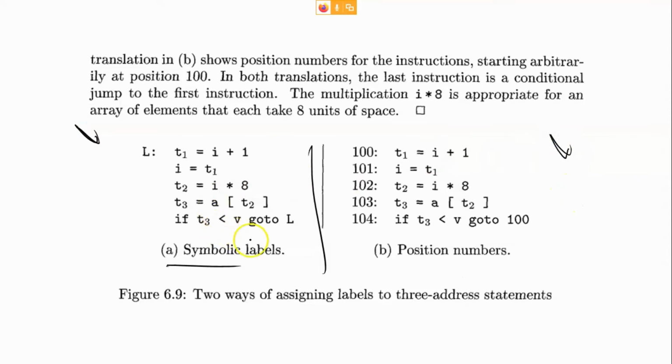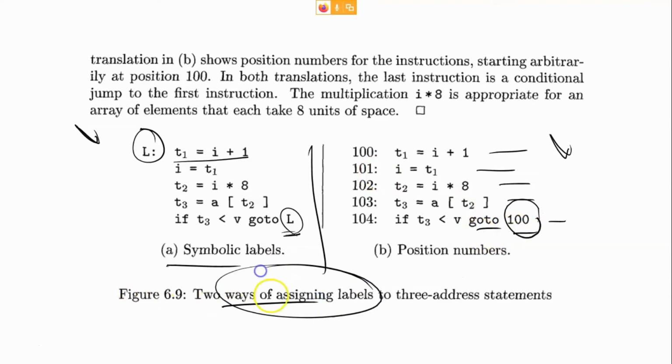In this three address code, you have given a label to the instruction. So this instruction has been given this label. Here, we are using labeling. Here, we are giving addresses, like this instruction has address 100 and this instruction has address 101. So now you can use goto 100.